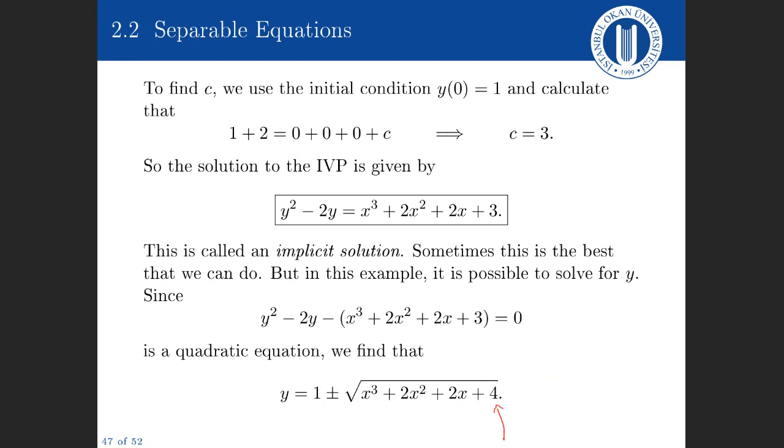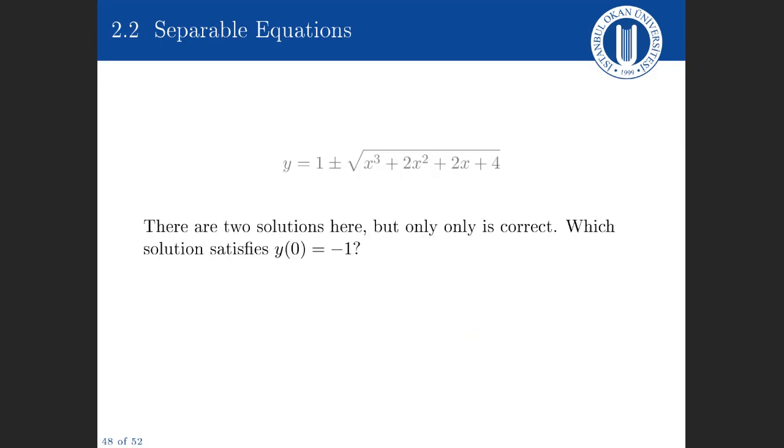Before we go on, this 4 at the end is not a mistake. If you go through this calculation and check this, you will find that this number shouldn't be a 3. It's correct that we have a 4 just here. Please check that for me. There's 2 solutions here, but only one of these solutions is correct.